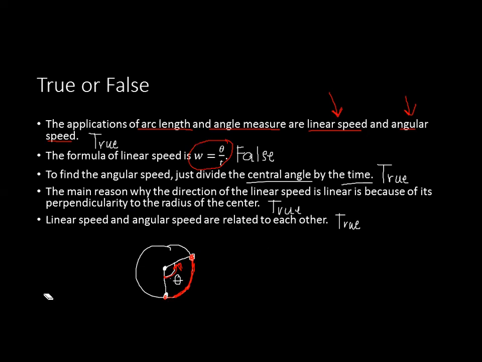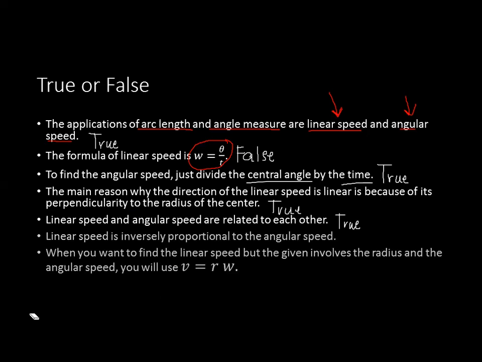I won't tell you what that formula is, but I already gave you the clue that linear speed and angular speed are related to each other. In fact, they have their own formula that consists of linear speed and angular speed. So let's now proceed.